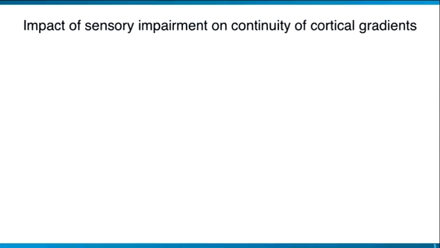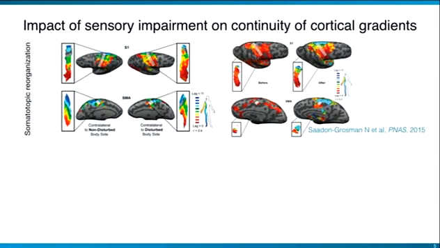And just to give another sense of why this might be valuable, a couple examples of findings that I think are exciting for further work in characterizing how topographic maps relate to sensory impairment. This is a beautiful study by Sato and Grossman and colleagues, published a couple of years ago, looking at somatotopic reorganization following surgical intervention in spinal cord damage.